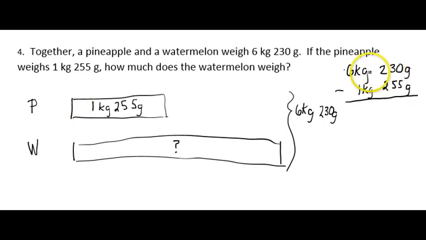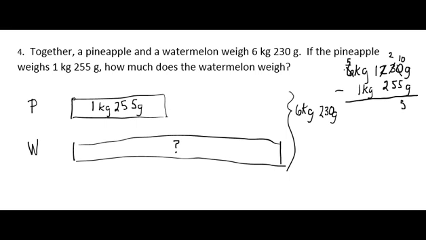I see that I need to decompose my kilograms in order to have enough grams to subtract. So I will take one of the kilograms away, which leaves me with 5. 1 kilogram is equal to 1,000 grams. So now I know I have 1,230 grams. And I can do my subtraction now. So 10 minus 5.